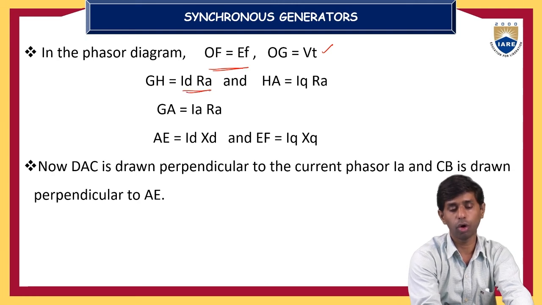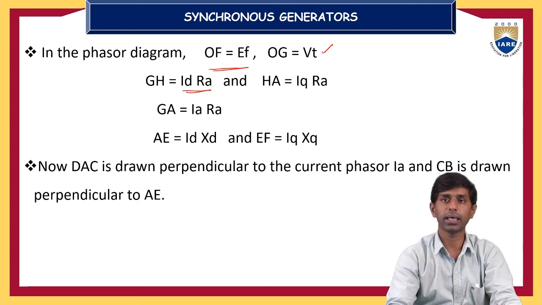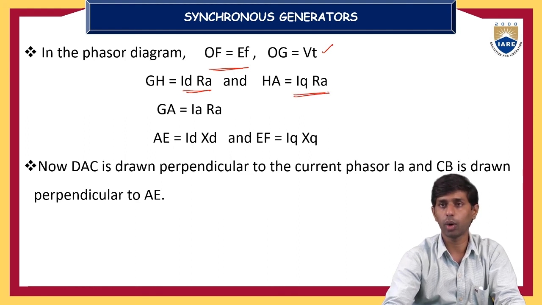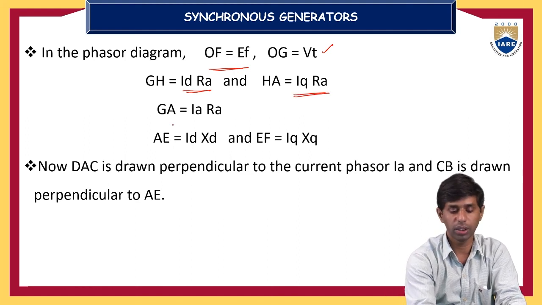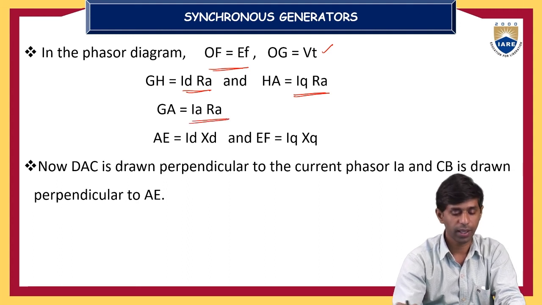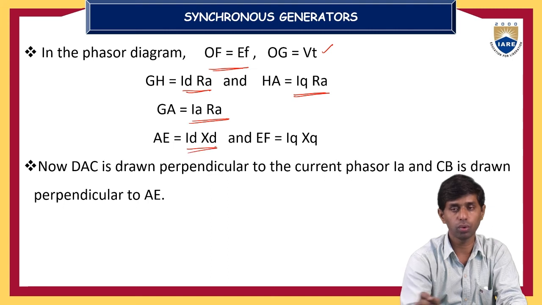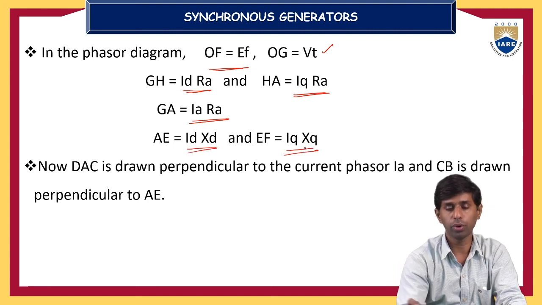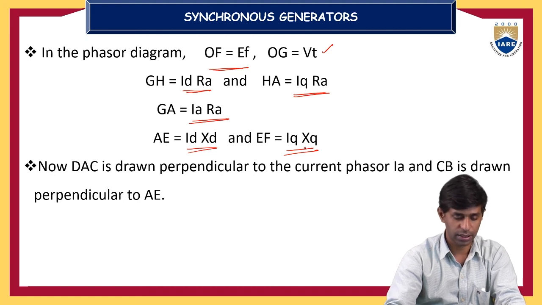GH represents the drop due to winding resistance along the direct axis. HA represents the drop due to winding resistance along the Q axis, and GA represents the winding resistance drop, and AE the drop due to direct axis reactance, and EF the drop due to quadrature axis reactance.